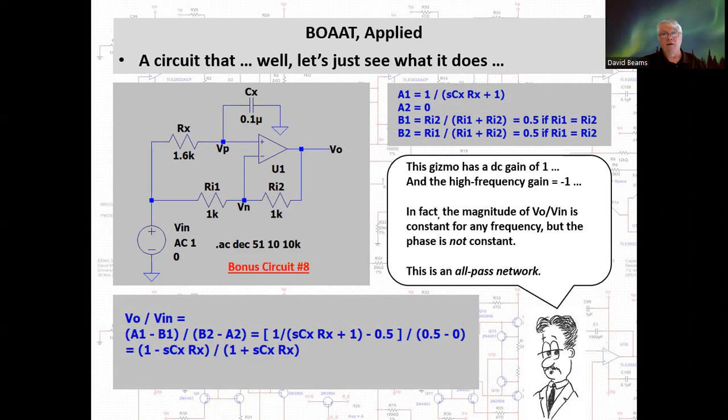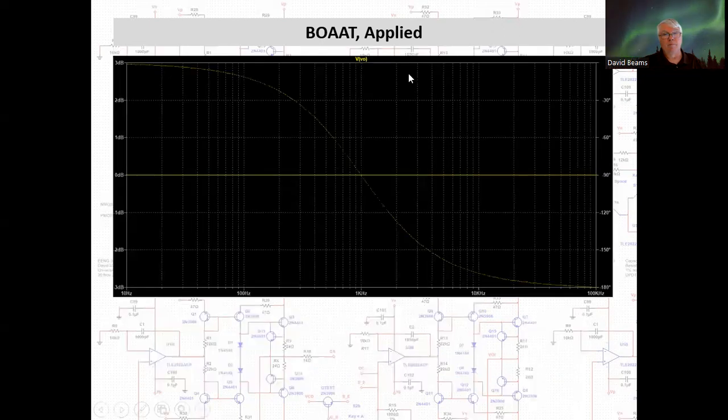This circuit, by the way, is available to you as bonus circuit number 8. Now let's take a look at the frequency response of the simulation of bonus circuit number 8.